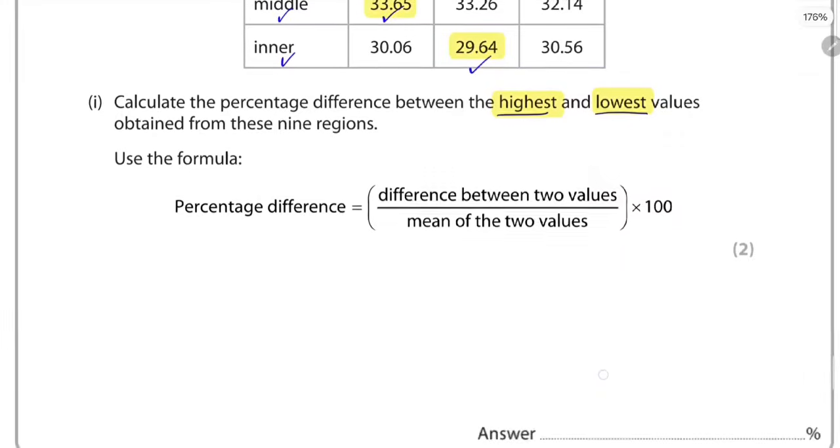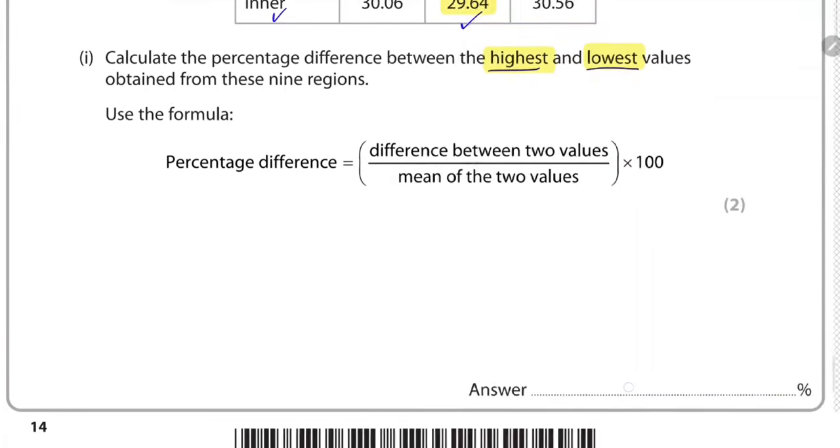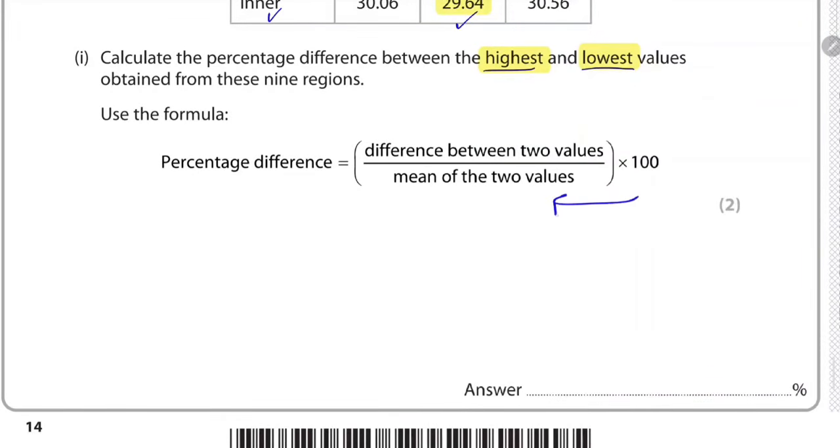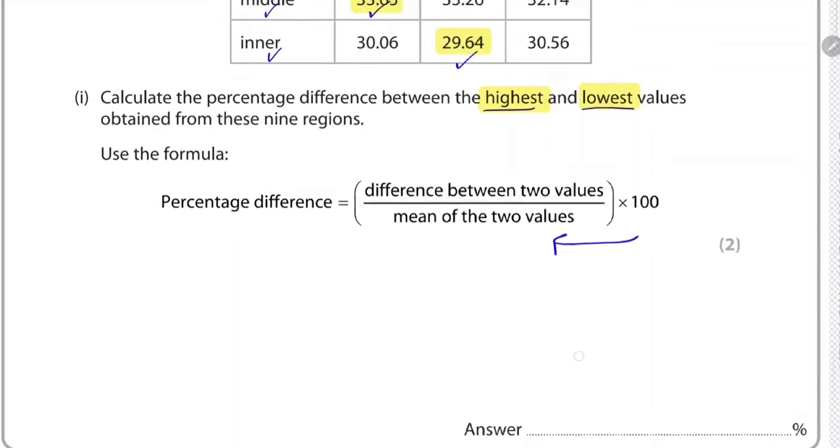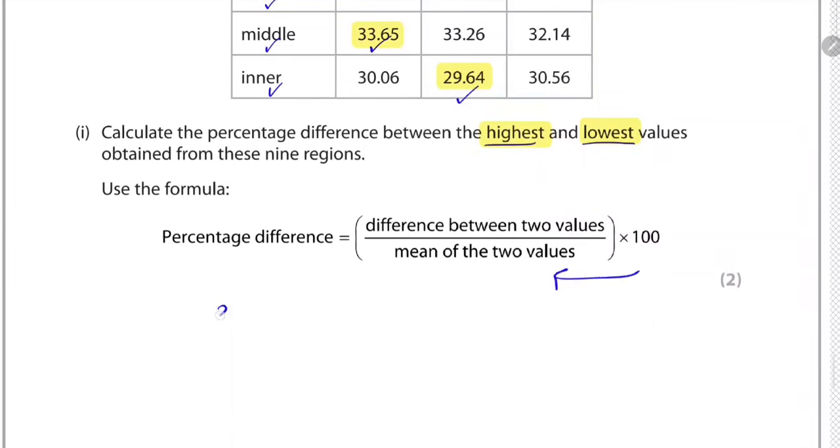I just need to get the percentage difference, but take care, it's using this formula, difference between 2 values. So I have to get the difference between 33.65 minus 29.64. But that's not all. I have to get the mean of these 2 values.